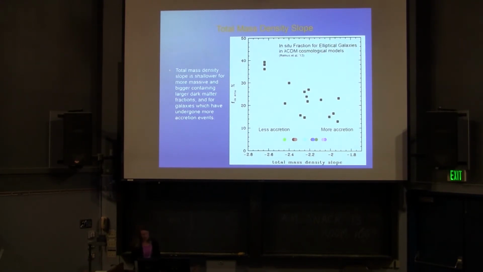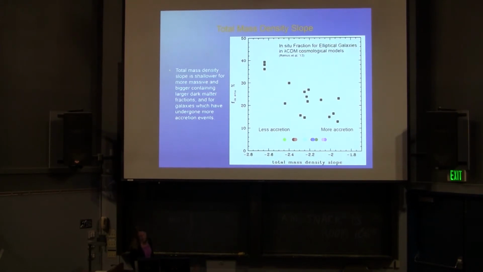They find that more shallow total mass density slopes correspond to more massive galaxies, and also to bigger galaxies due to the mass size relation, which we find as well, which I showed in the last slide. But they also find that more massive galaxies correspond to larger dark matter fractions, which is something that we find as well, and I'll show that in the next plot.